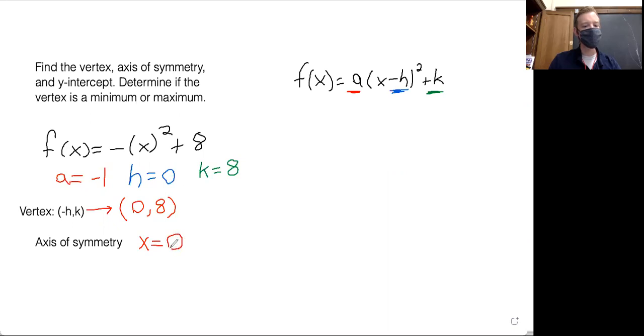As I mentioned yesterday, x equals represents a vertical line. If we don't have the x equals, then it's not a vertical line. It's just a number. Or if you have y equals, it's a horizontal line. So you specifically have to have x equals 0 in order for the axis of symmetry here to be correct. But there's no calculations involved. Once again, it's just whatever the x value is.